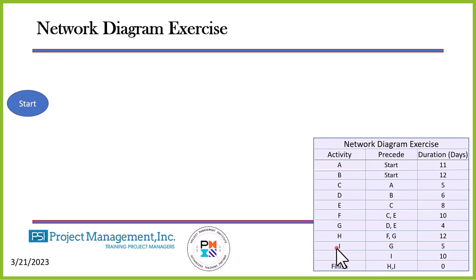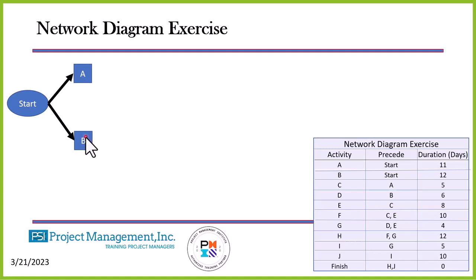If I look at activity A and activity B, and I say, what precedes activity A? I'll see that start precedes activity A and activity B. I'm going to draw in then my lines here. I have activity A and activity B in the diagram.